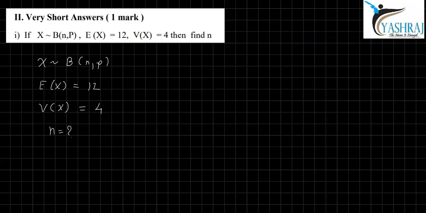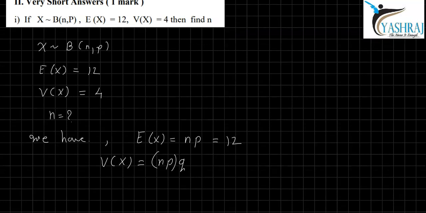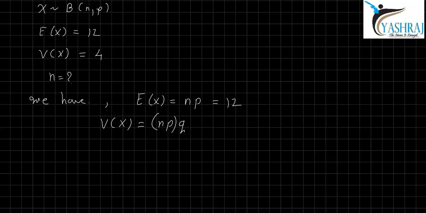Now, as everyone well knows, at first the formulation for expected mean of random variable we have n into p, and that value we have given 12. Now we have variance of a random variable capital X, which is given by n into p into q. So we have here n into p as 12, as well as variance becomes 4.